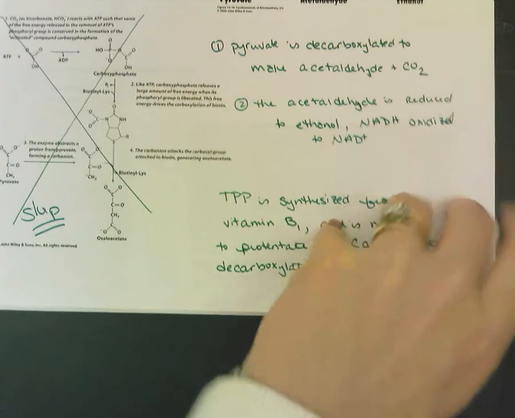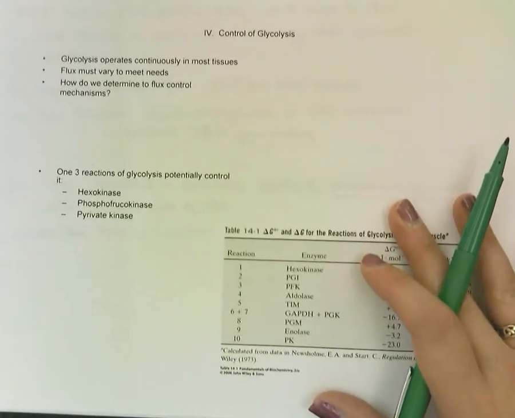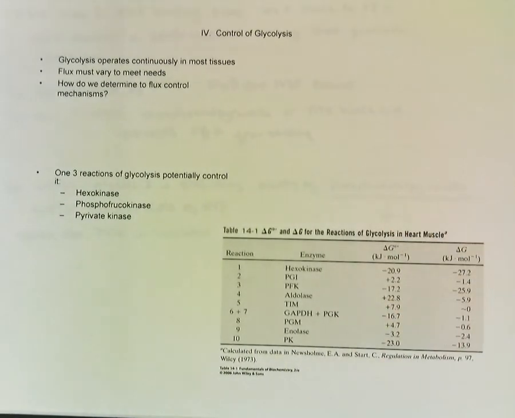Okay. In that case, last thing to talk about for glycolysis is how do we control glycolysis? More important, how does your body control glycolysis, not you personally? So glycolysis operates continuously in just about all of your tissues. But obviously your tissues don't need a ton of ATP all the time.